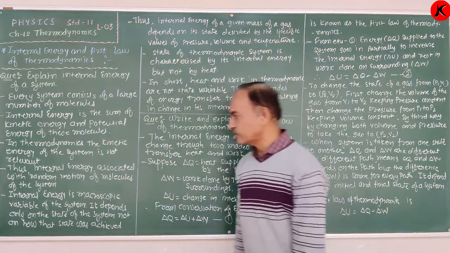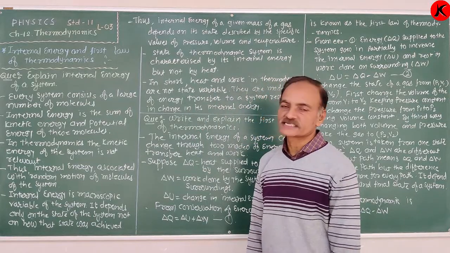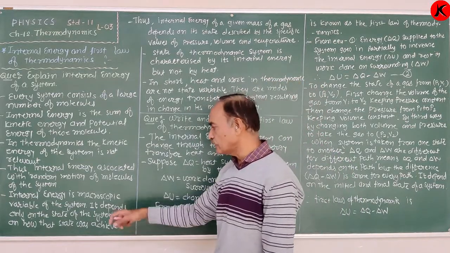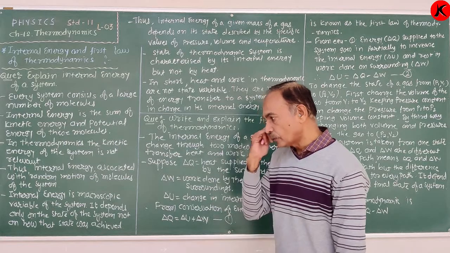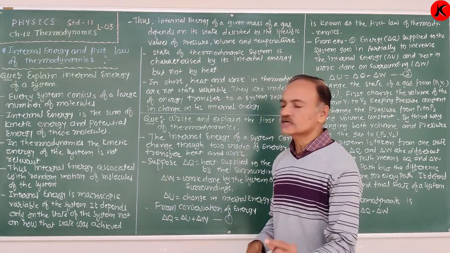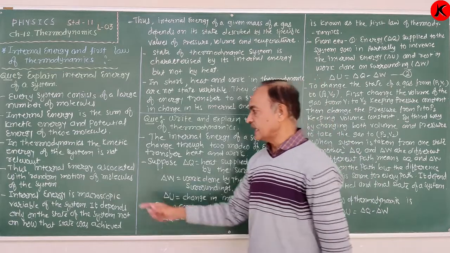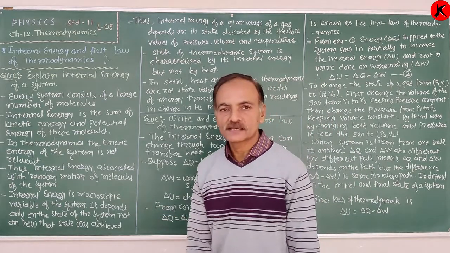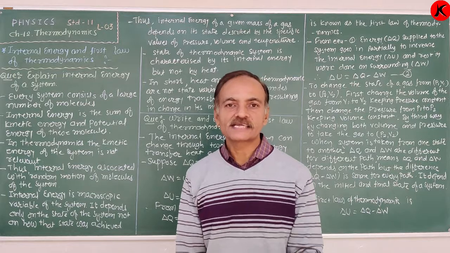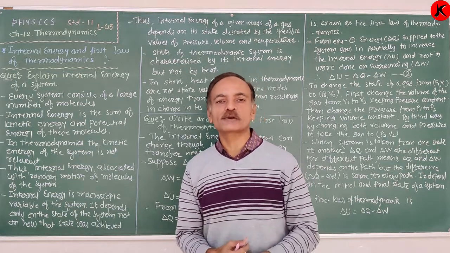Internal energy is a macroscopic variable of the system. It depends only on the state of the system, not on how the state was achieved. What it says is that internal energy is a macroscopic variable. It is not a directly measurable physical quantity.